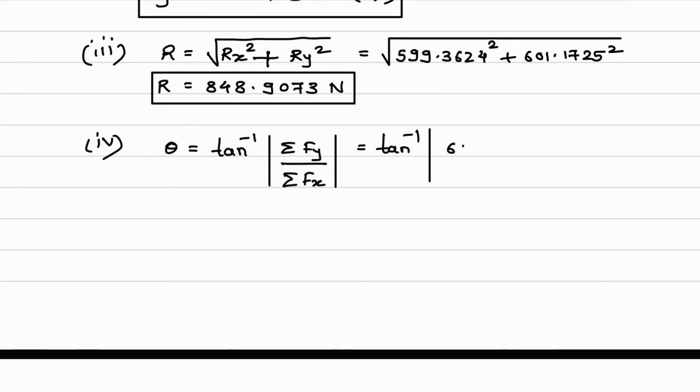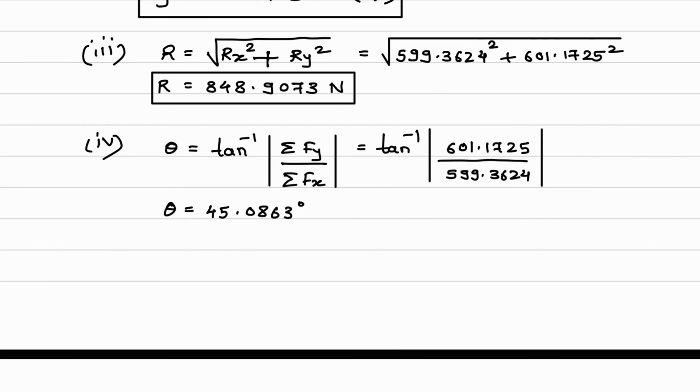It is 601.1725 and summation Fx is 599.3624. Okay, I have taken these values from here. Rx, Ry is written, so this will be summation Fy and this part will be summation Fx. So from here we can calculate theta. So theta is equal to 45.0863 degree.